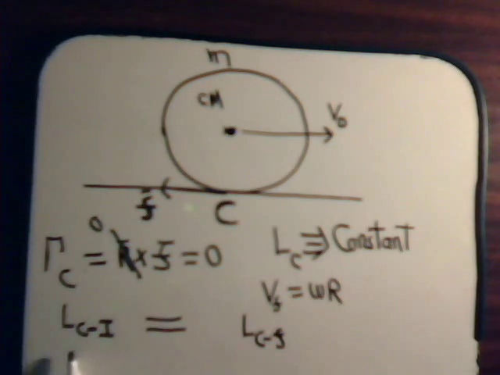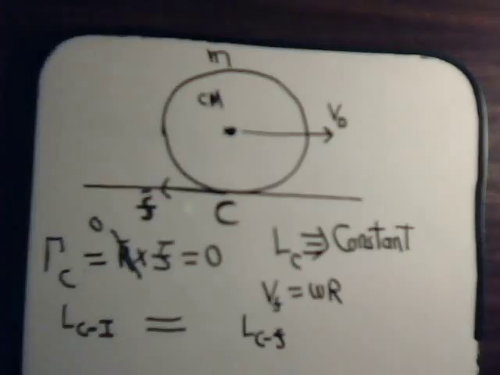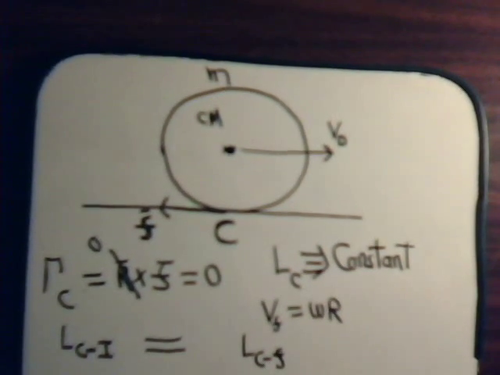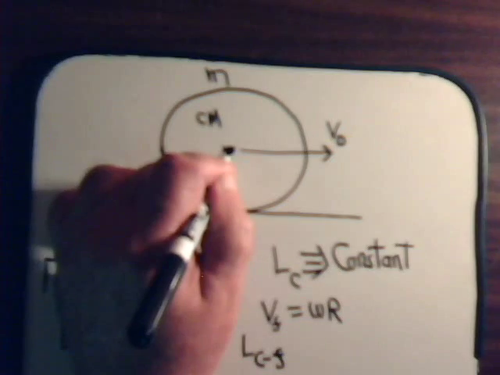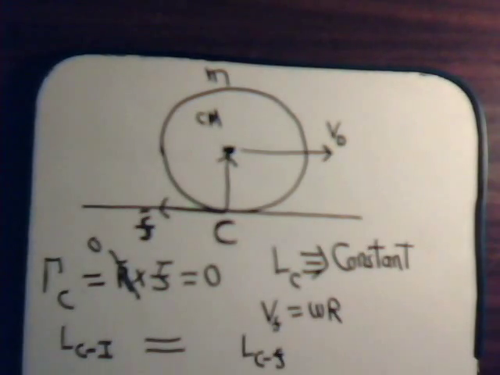Alright, let's consider what is this. Well, it has two components. The first component is the angular momentum of the center of mass with respect to the contact point C. What will that be? Well, we need a position vector going from here to the center of mass. There it is.